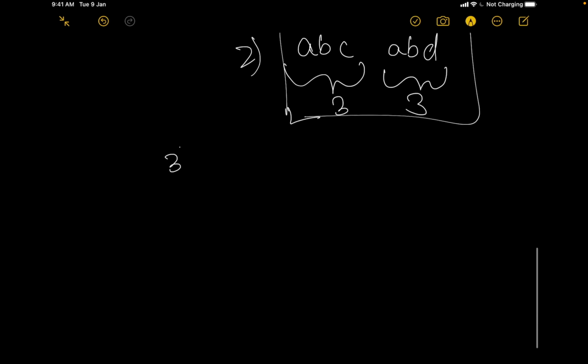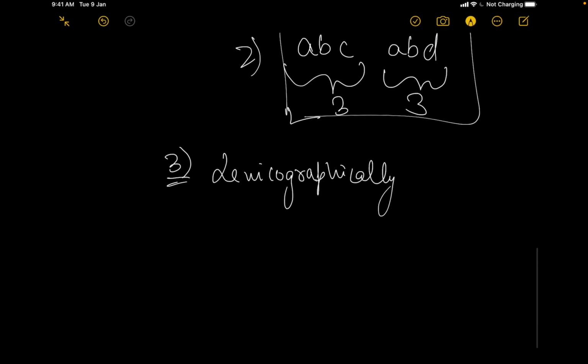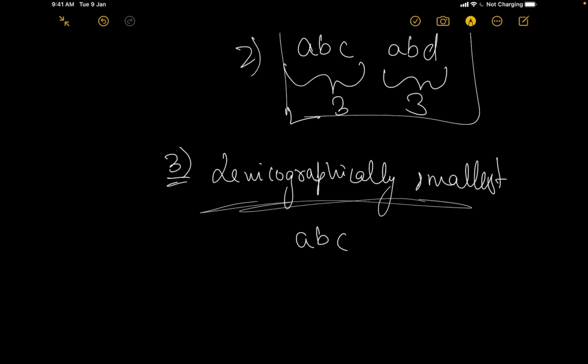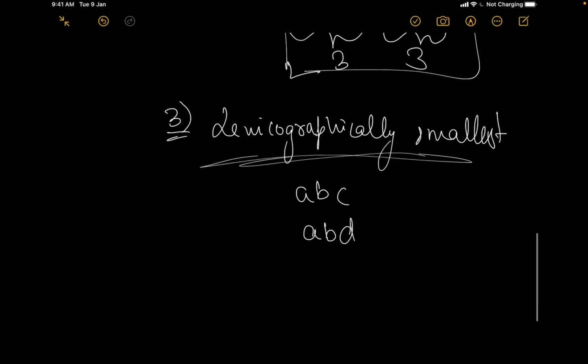Now the third constraint said that it should be lexicographically smallest. So which amongst abc and abd is lexicographically smallest? We can definitely check it by naked eyes, but how a computer checks is that it compares the first index, so they are same, then it moves to the second index, also same, so it moves to the third index.